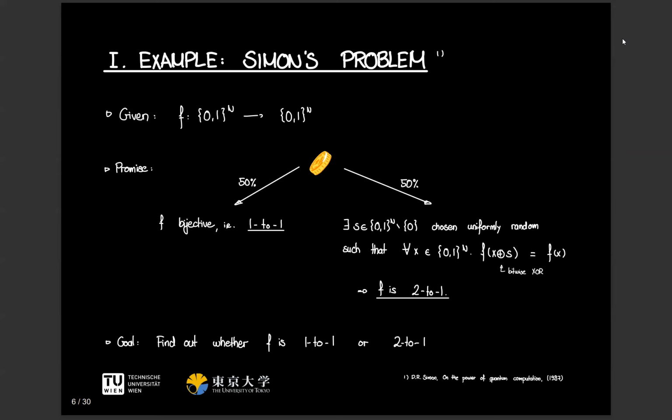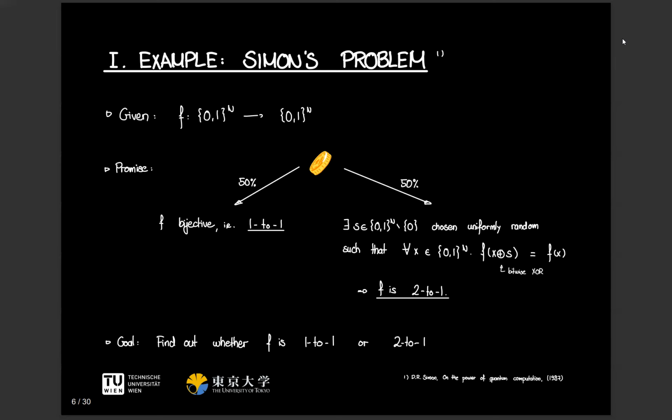This sounds complicated, but what you should keep in mind is that I choose a random function. I don't tell you which function this is, and with 50% it is a 1-to-1 or a 2-to-1 function. Your task is to figure out which of these cases I chose. I didn't tell you what the coin toss did, and you try to figure this out with as few queries to me as possible.